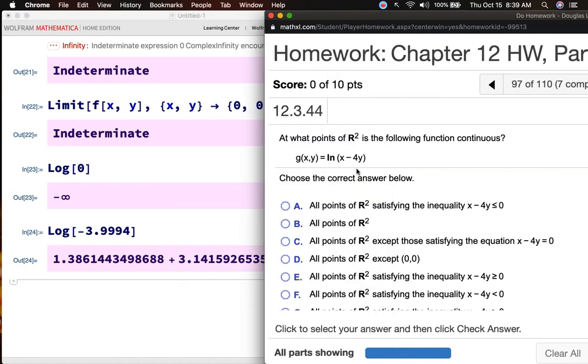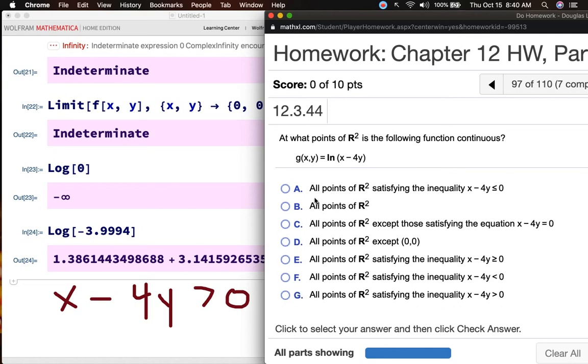So this quantity, okay, this quantity x minus 4y must be greater than 0. X minus 4y must be greater than 0.